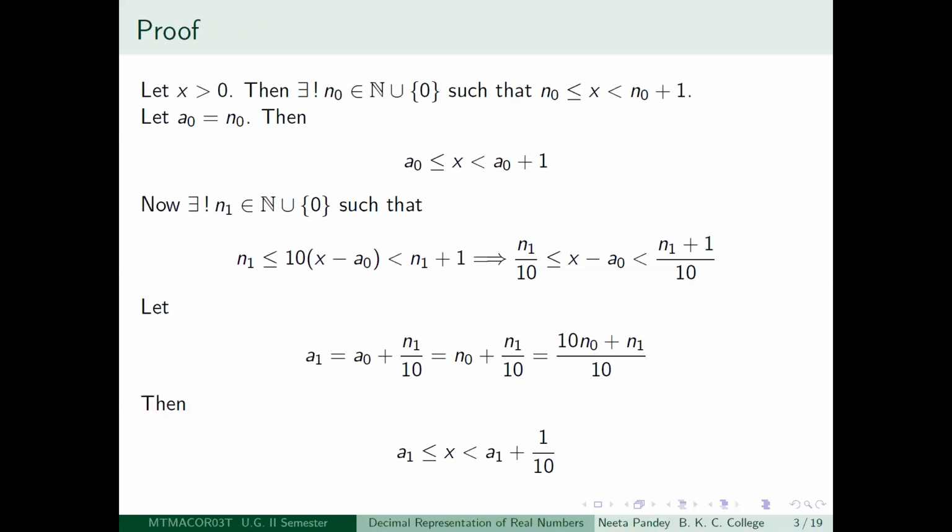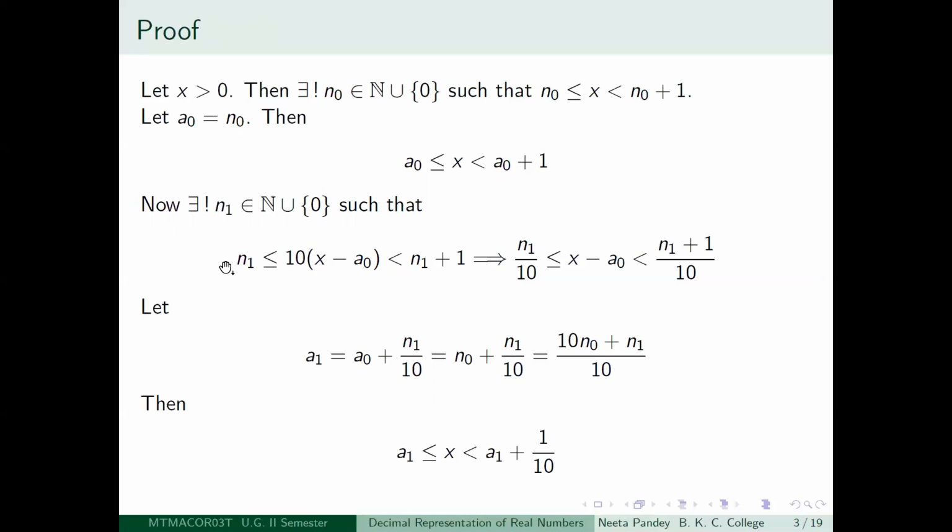Now once you have your a0 in hand, you look at the number 10 times x minus a0. This number is again a non-negative real number. It could be 0, but for this non-negative real number, you will again be able to find a non-negative integer n1 so that n1 is less than or equal to 10 times x minus a0 is less than n1 plus 1.